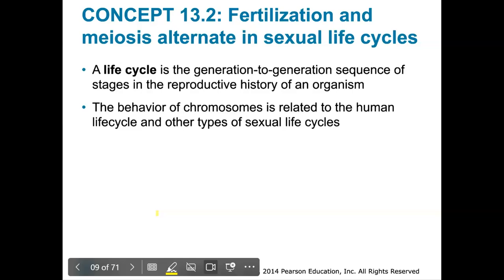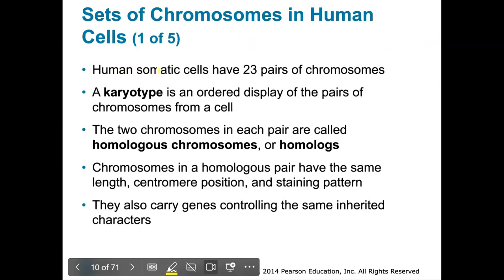A life cycle is the generation-to-generation sequence of stages in the reproductive history of an organism. So we talk about asexual life cycles and sexual life cycles. There's a lot of information and comparisons among the life cycles of a plant versus a fungus versus a human.